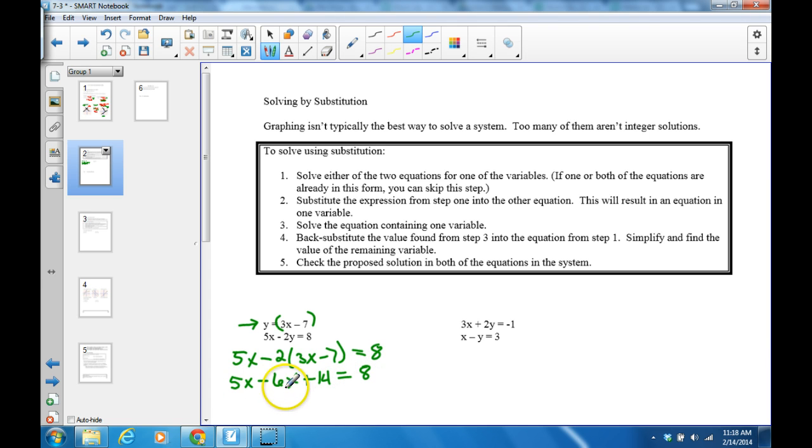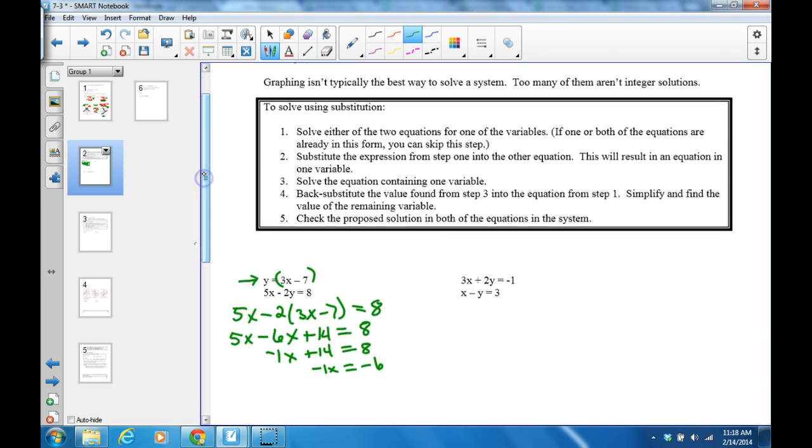Well, 5x and 6x can go together, so I have a negative 1x. Not 8, but 14, right? I need to get the x alone, so I'm going to take 14 from both sides. And if I do that, I'm going to have 8 minus 14, or negative 6. Negative 1x equals negative 6. So what's my x going to actually be in this case? Yep, it's going to be 6.